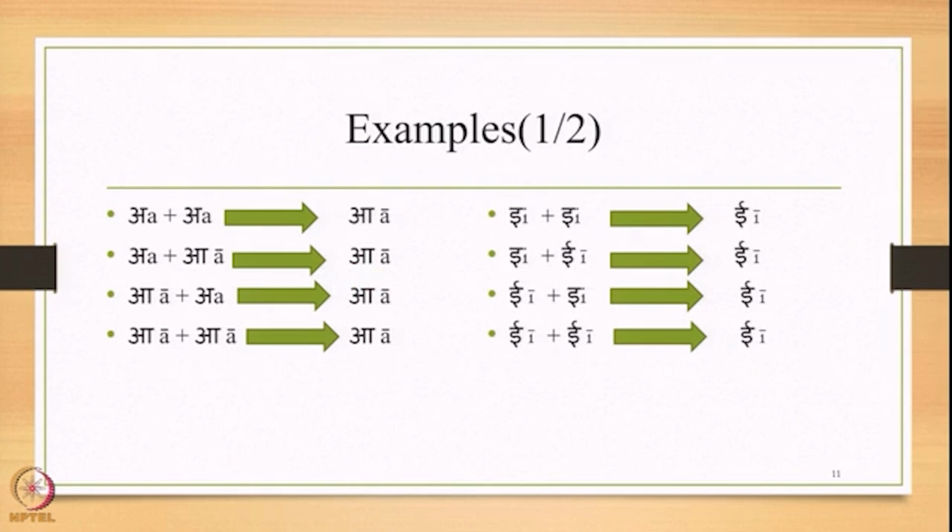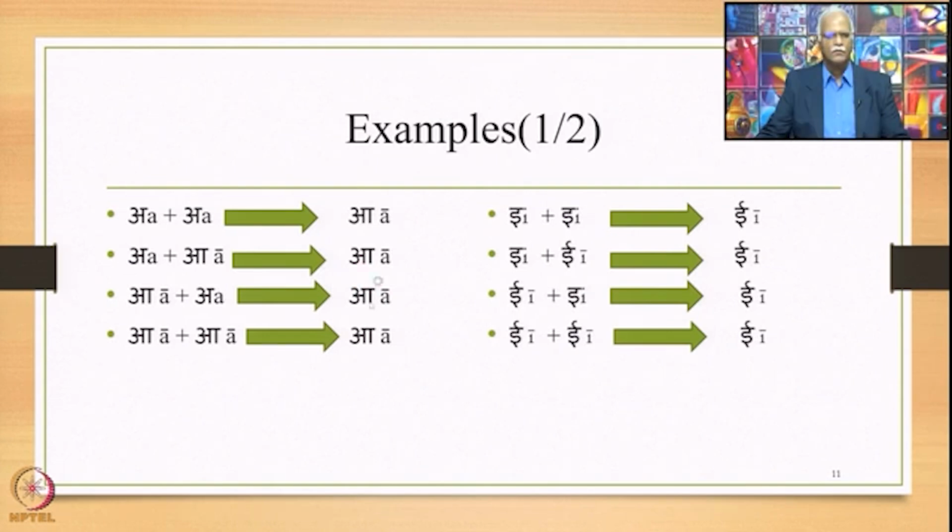The third option available is a plus a. A is ak and a is the savarna of it. So 6.1.101 applies and returns the output in the form of the long vowel a, and also a plus a, and the output is long vowel a.